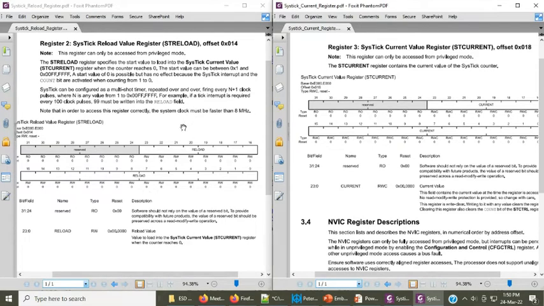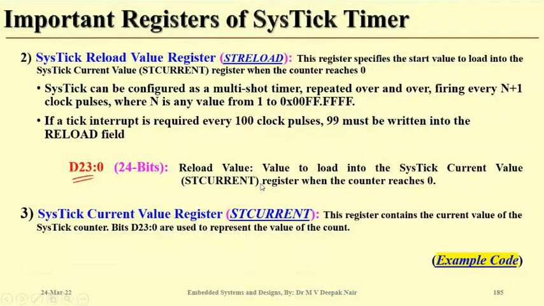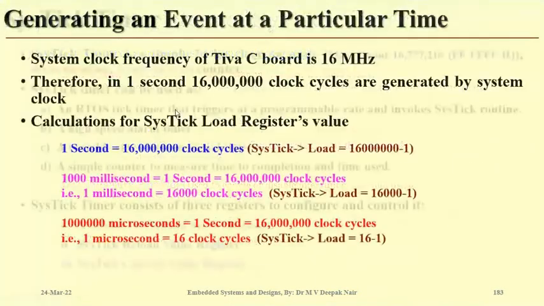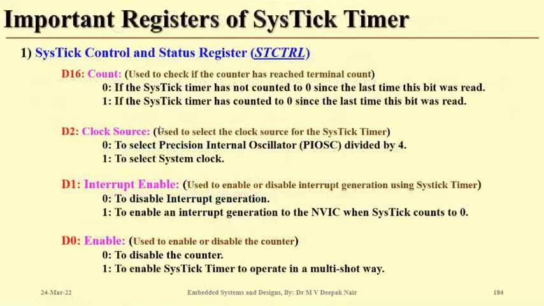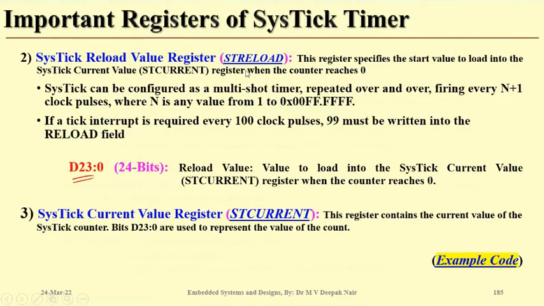Remember, one of the important lines about this particular register is that it is a 24-bit clear on write. Whenever you write a new number, it will clear the count, stop the count, and start from that new count. But apart from that, the reload register always remains the same.